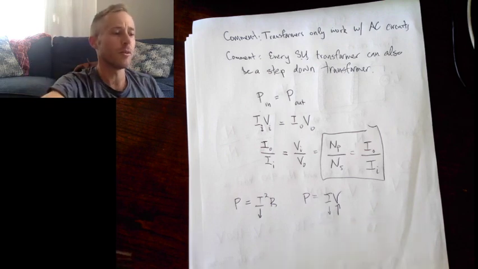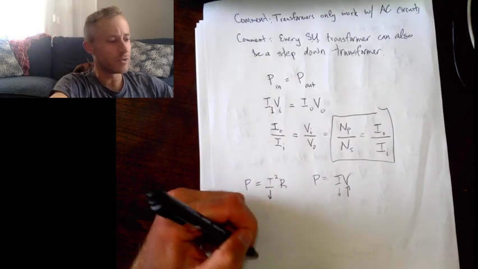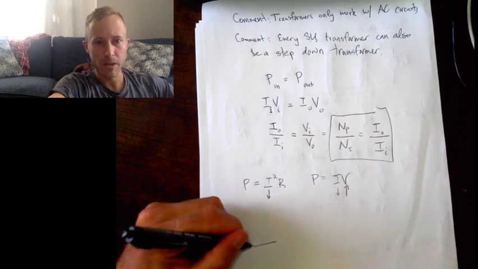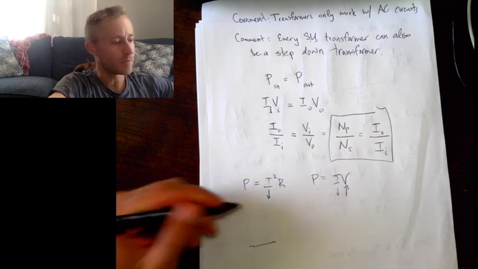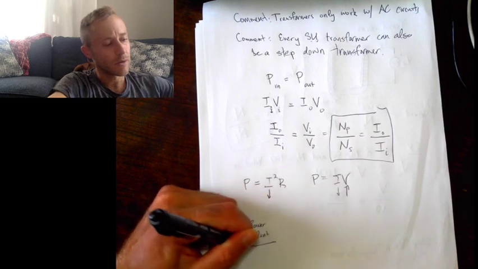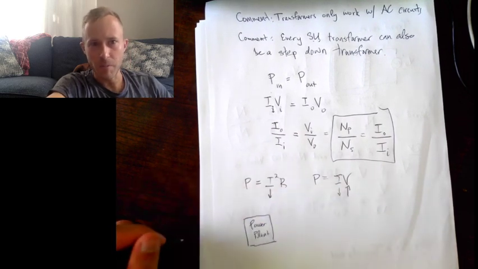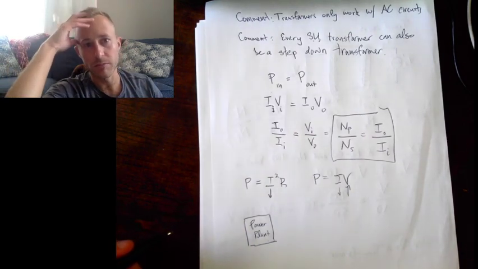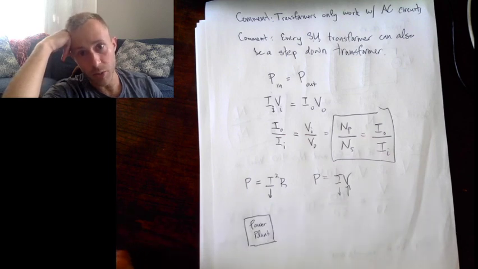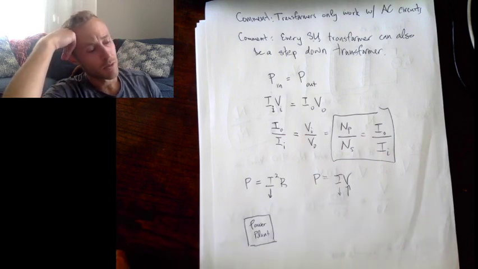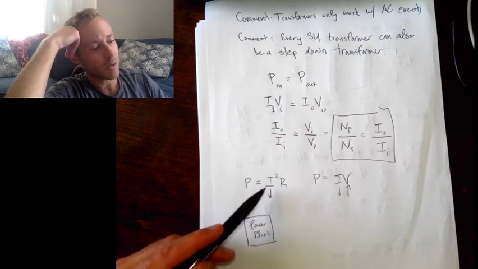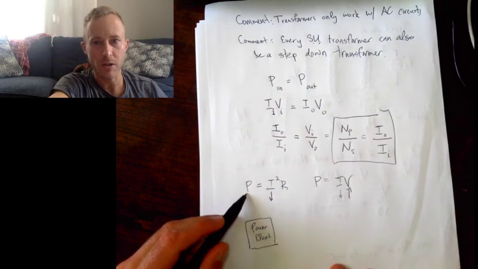Okay, so basically what happens is, if you're transmitting power, you have a power plant. Okay, and then the power plant produces a certain voltage. Okay, but it's not a large enough voltage to avoid the losses caused by these I squared R losses.